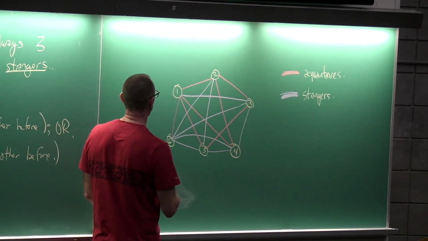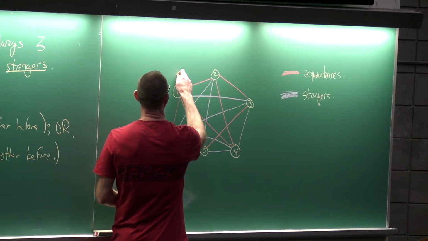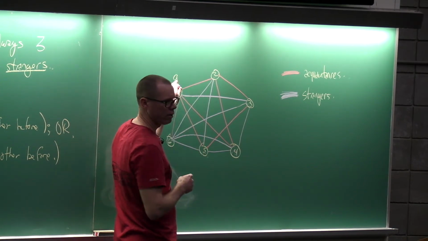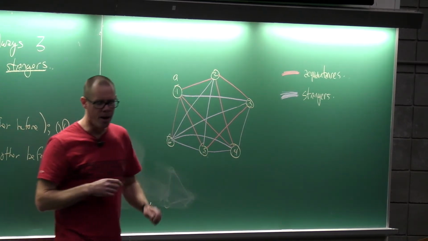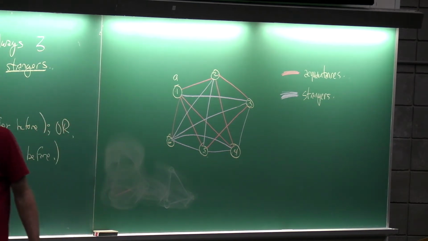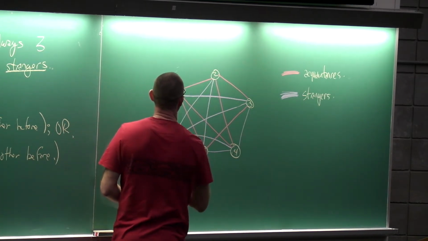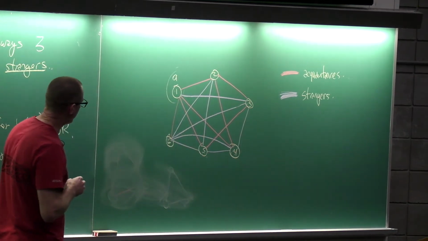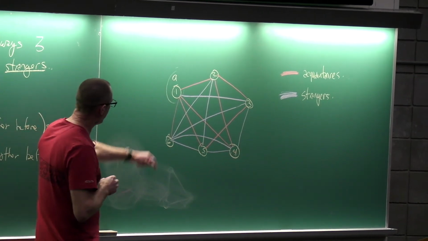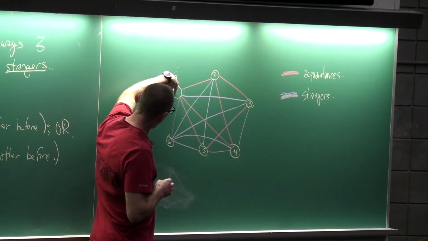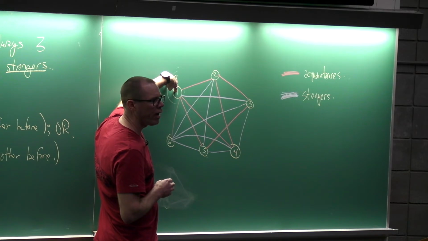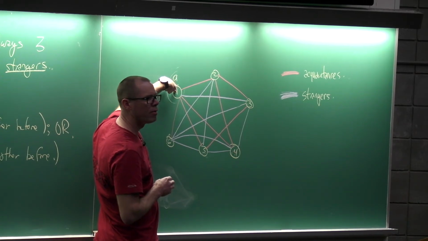So let's take any vertex, person, I'll call this. Let's take any person, call this person A. So we'll focus on this one, and look at the segments coming out of A. So how many of them are there?